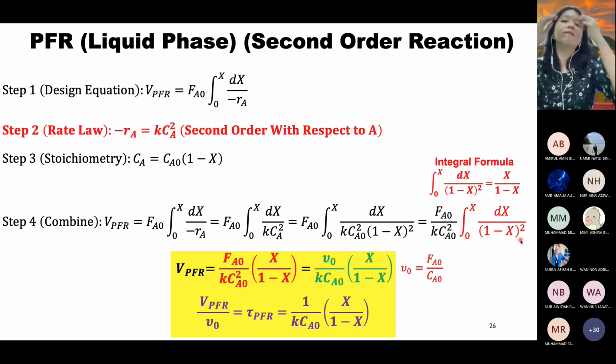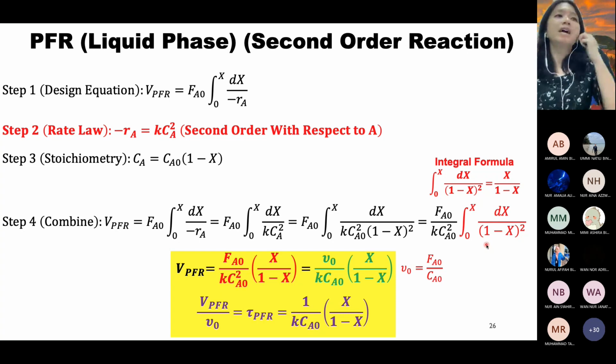Okay, so again, dalam reaction engineering, pengamiran this equation, this integral equation, penyelesaiannya telah diberi kepada kamu. So kamu tak payah solve sendiri. So that's the bonus. You don't have to solve by yourself. The solution is already given, of which the solution is X per 1 minus X. Okay, so saya ganti sahajalah dalam equation saya.